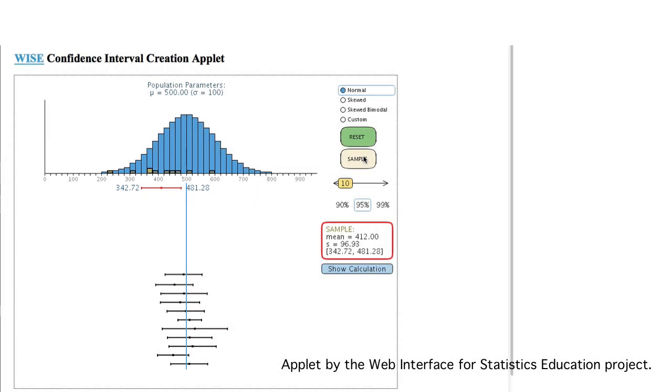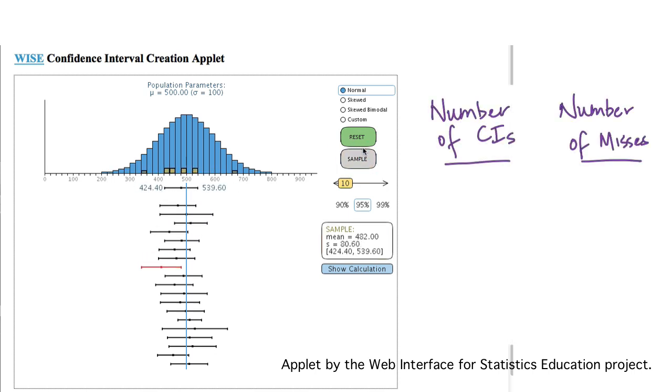For this applet, we can show confidence intervals from 20 samples on one screen. So finishing that up, in these 20 samples, the resulting confidence intervals miss the true mean just that once. So our 95% confidence intervals correctly captured what they were supposed to 95% of the time.